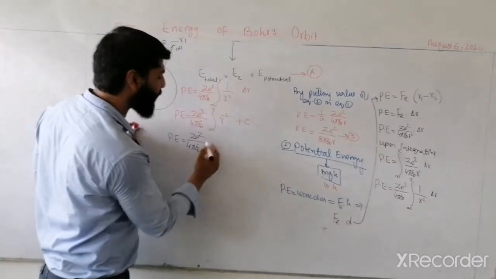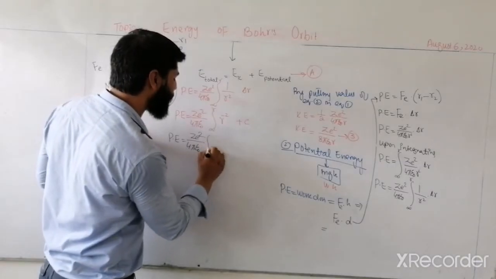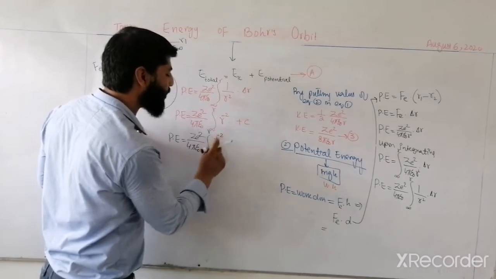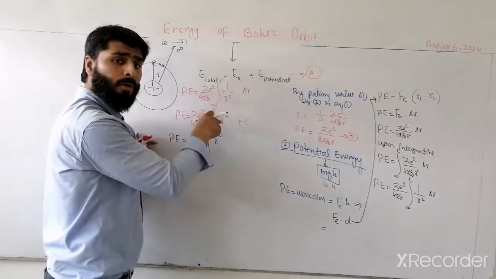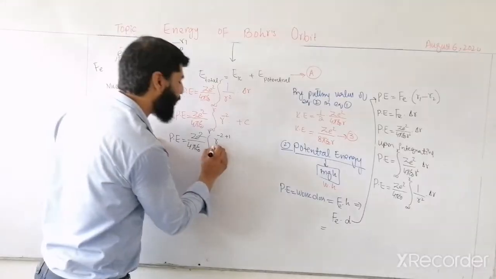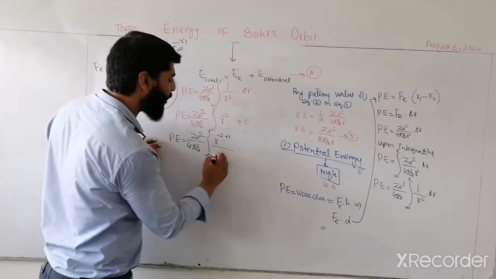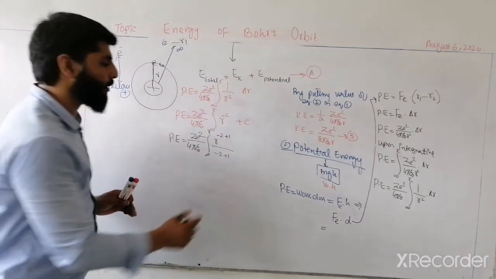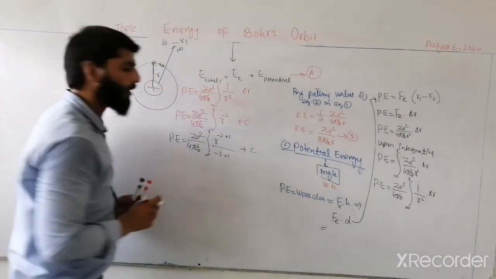For example, here r⁻² has the power minus 2. Add 1 to the power and divide by the new power. The new power is minus 2 plus 1, plus the integration constant.